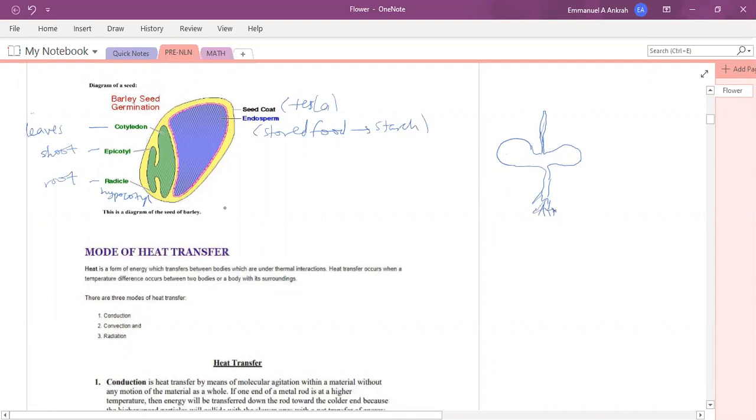Okay. So this is a diagram that you should know very well. Sometimes they draw the diagram and label the parts A, B, C, D, or 1, 2, 3, and ask you to identify which part is the endosperm or the stored food, which one is the cotyledon, which are the epicotyl, radicle, and so on.